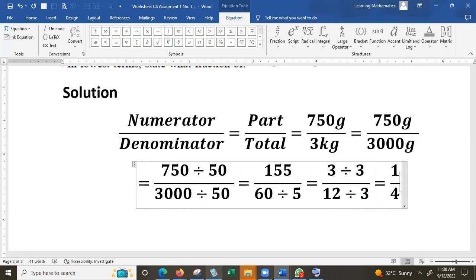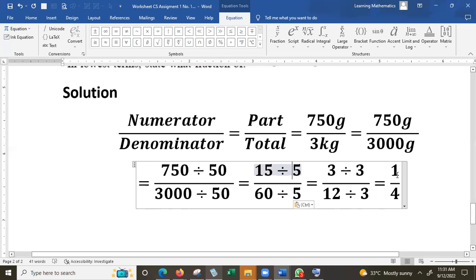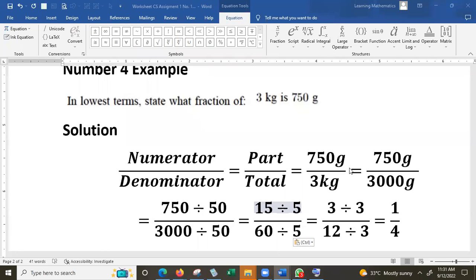So this is a very good example where we simplified step by step using iterations, because we did not get the highest common factor in one attempt. That can happen. And for time purposes, you can use that step-by-step approach until you reach the fraction in its simplest form. The answer is 1 over 4.